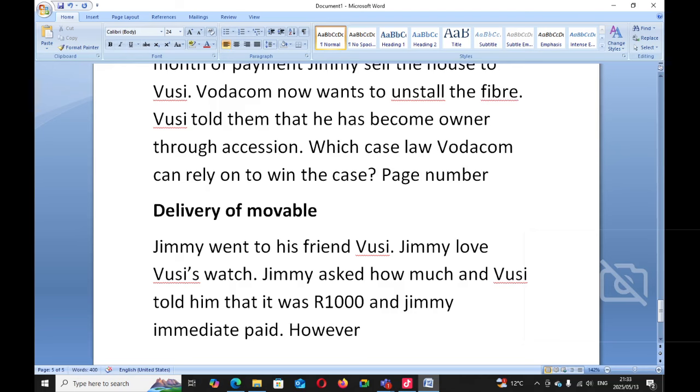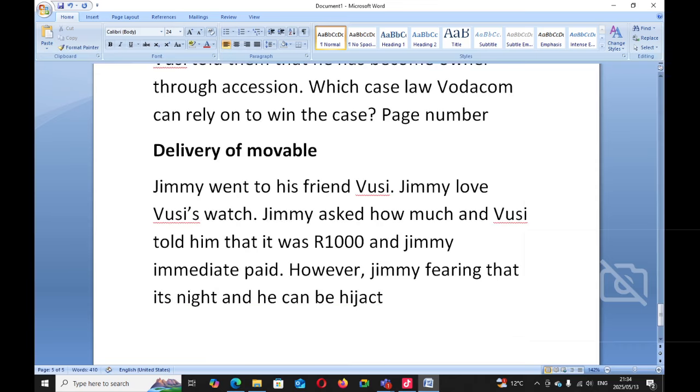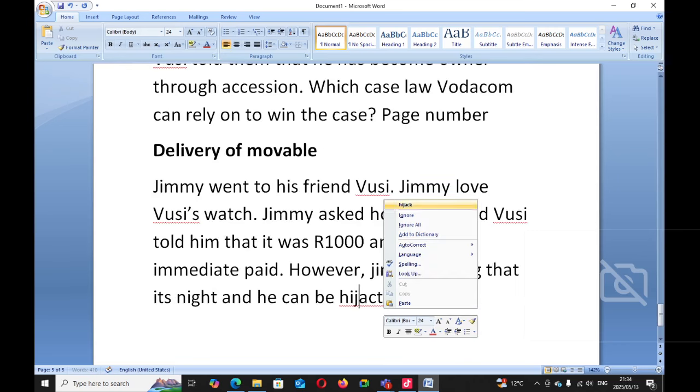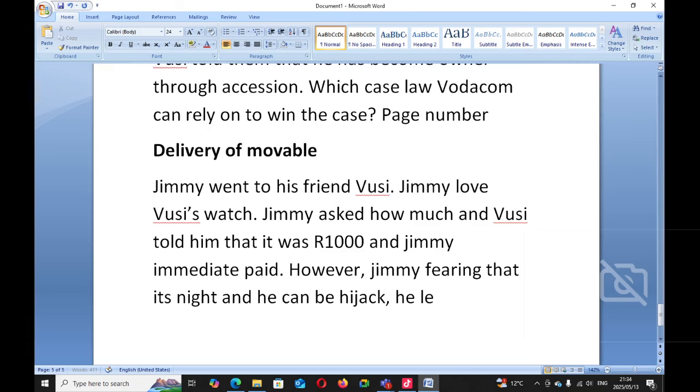However, Jimmy, fearing that it's night and he can be hijacked, left the watch with his friend Vusi.